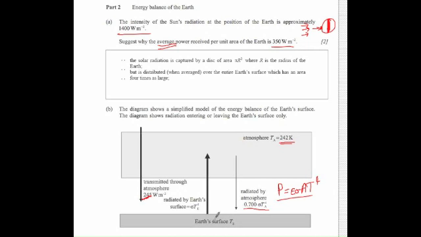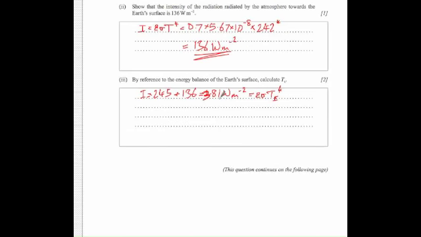And if we assume that the emissivity of the Earth is 1, that is, it is a perfect black body, we just ignore the emissivity, and we plug the numbers in and calculate the temperature of the Earth. The TE to the fourth will be 3.81 over sigma. So take the fourth root of that, and we get TE is 286 Kelvin, a nice comfortable temperature.